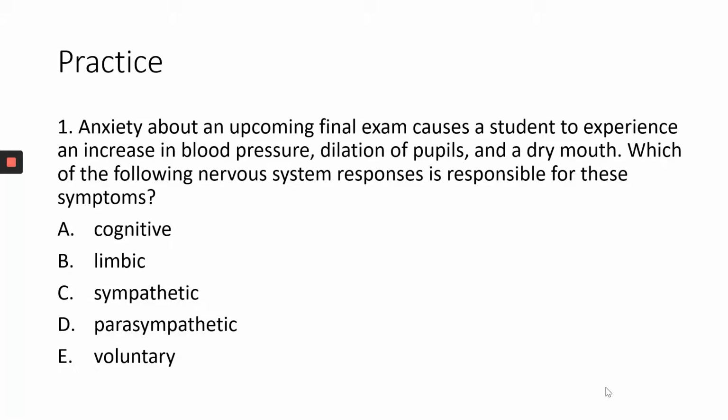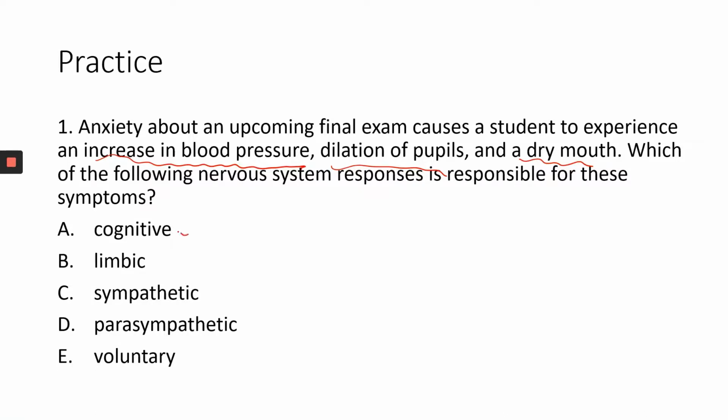Anxiety about an upcoming final exam causes a student to experience a few things. So first is increase in blood pressure, dilation of pupils, and a dry mouth. Which of the following nervous system responses is responsible for these symptoms? So I saw this question somewhere. I thought it was a very good question.